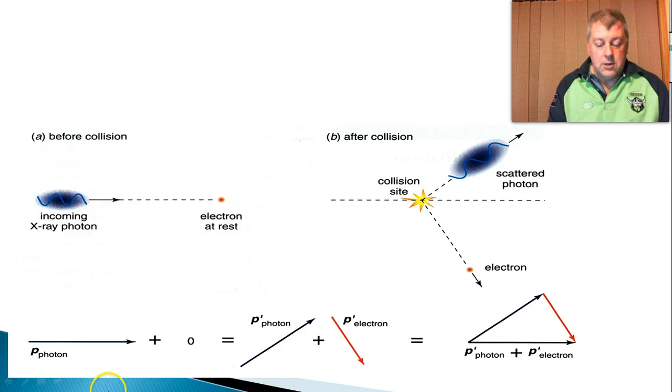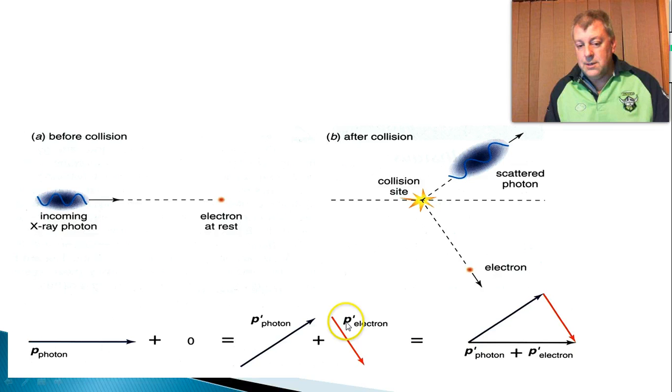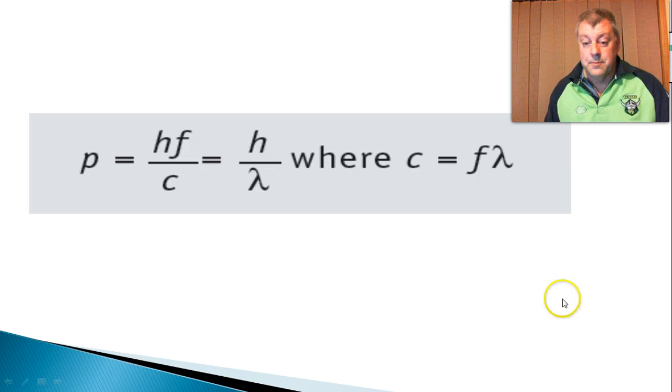And so in terms of momentum, he said that the initial momentum is the momentum of the photon plus the electron, which is 0. Then you have your scattered photon's momentum and the momentum of the electron, and you put them together and they make themselves a complete triangle with no gaps, and therefore momentum is conserved.